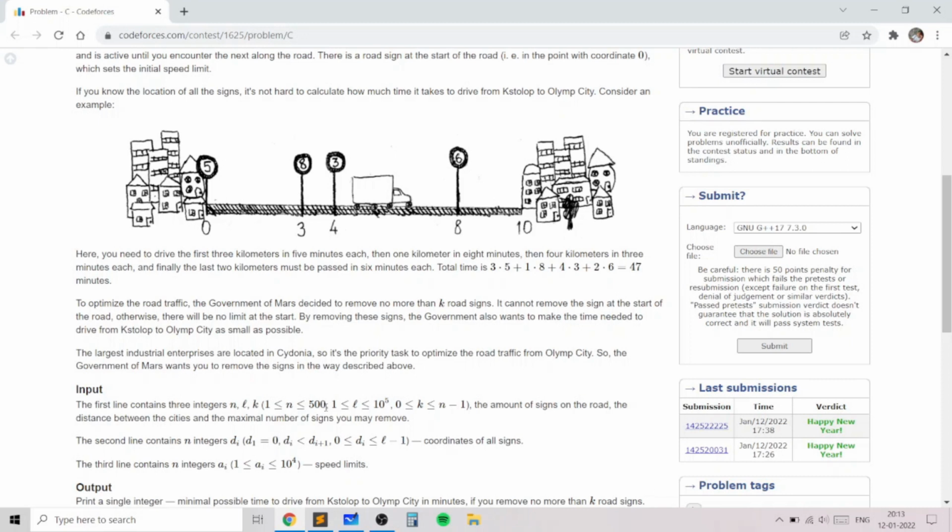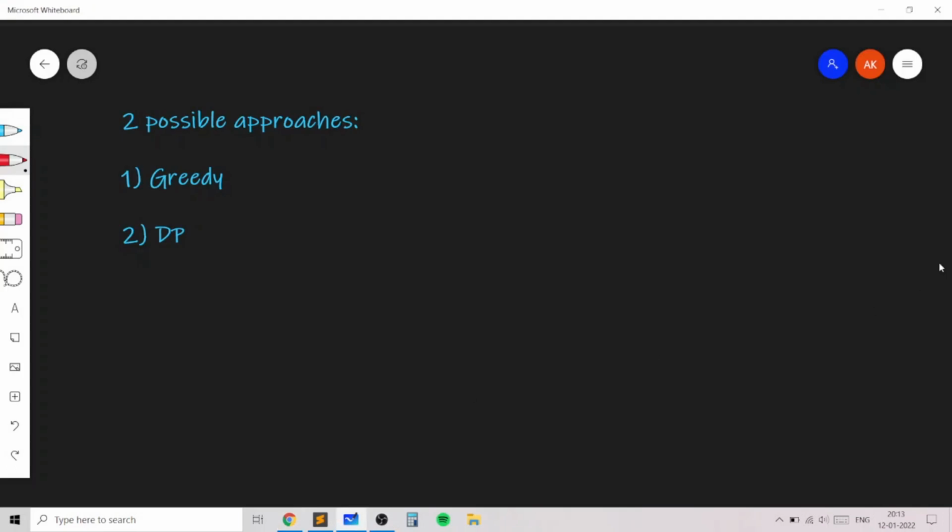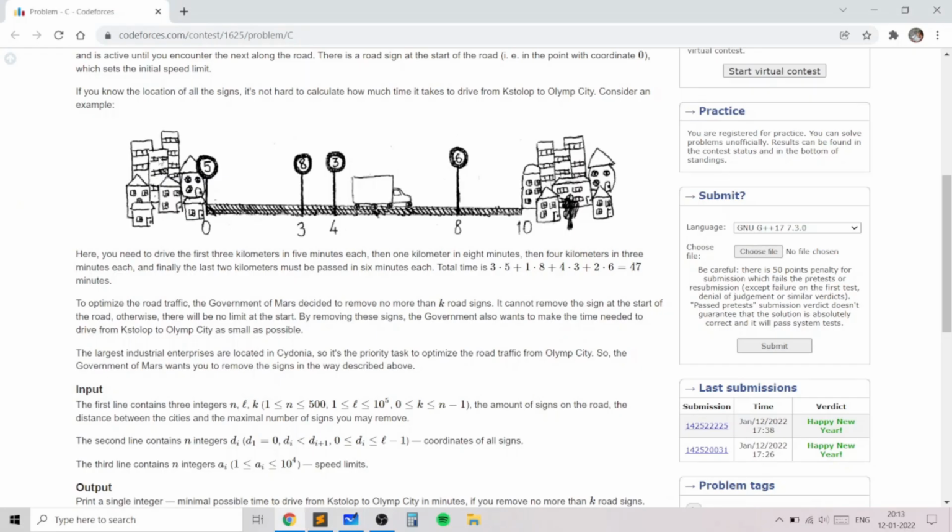So based on that hint, that's the first hint, we need to come up with an n cubed DP solution, which uses n squared space and n cubed time complexity. The second hint that DP works and greedy does not work is that there is no obvious greedy solution. If you think greedily, you may come up with a few ideas.